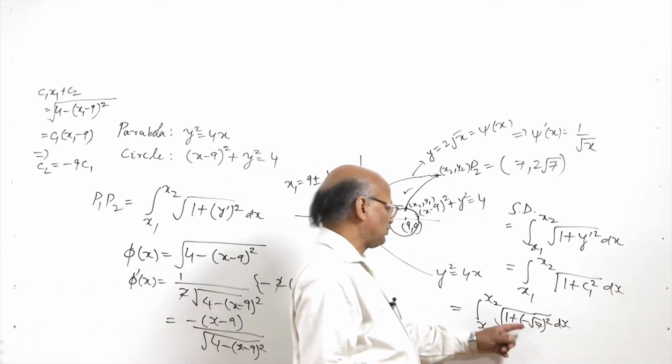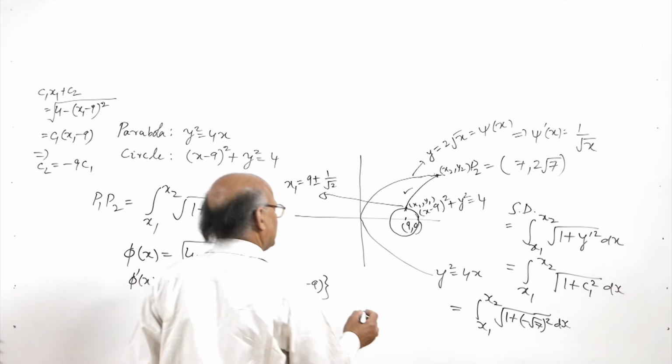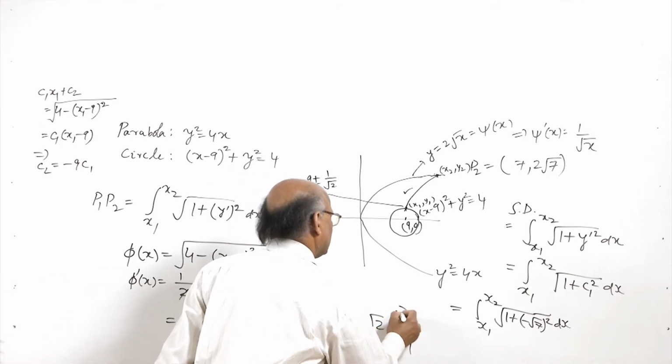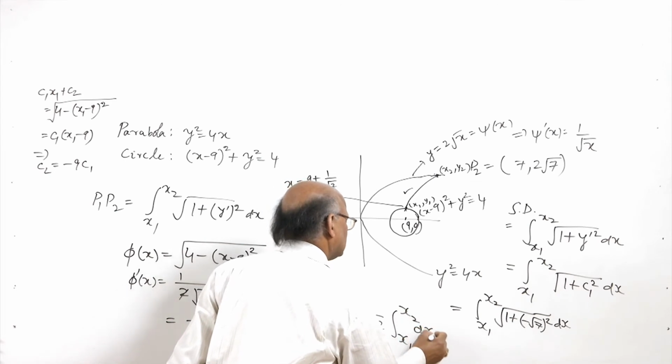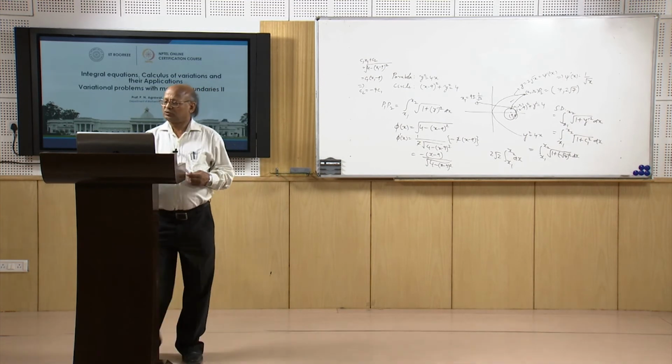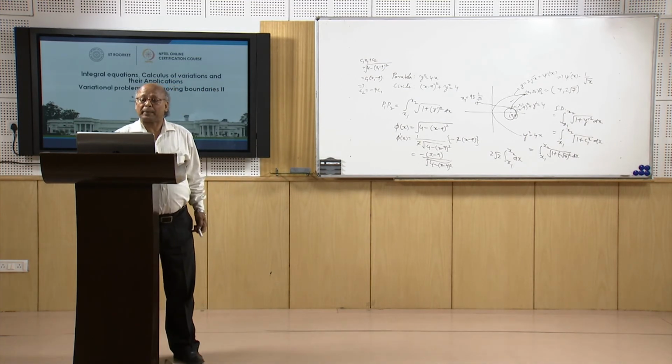So 7 plus 1 means 8. So root 8, that means 2 root 2, and then x1 minus x2 dx. And x1 minus x2 means we are getting x2 equal to 7.